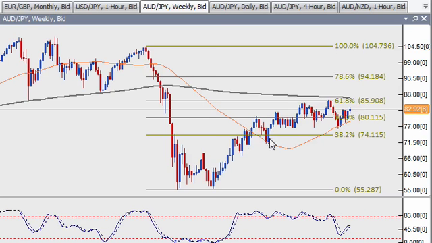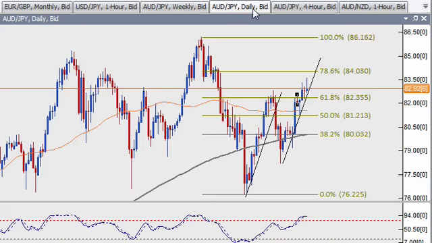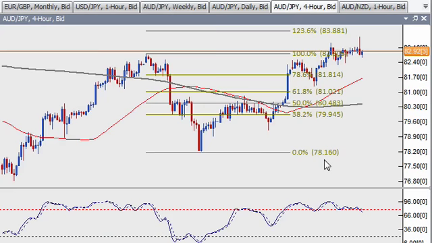You don't have a break in this bullish mode, so Aussie yen looks like it would continue to rally, although it might see some short-term resistance at 85, and even price action shows some kind of struggle now to reach 84, 85.